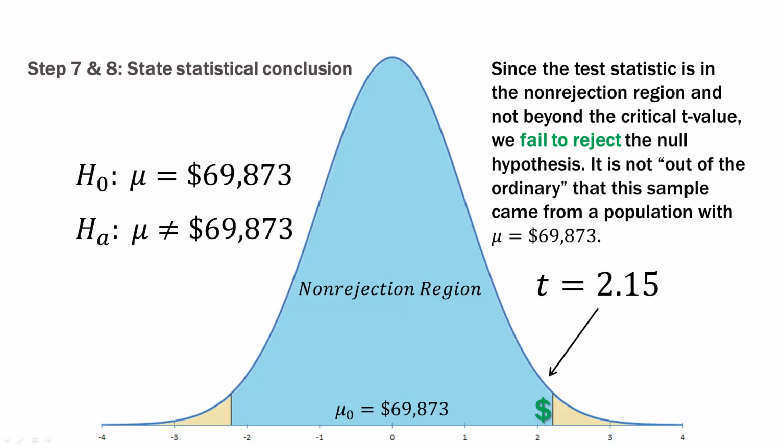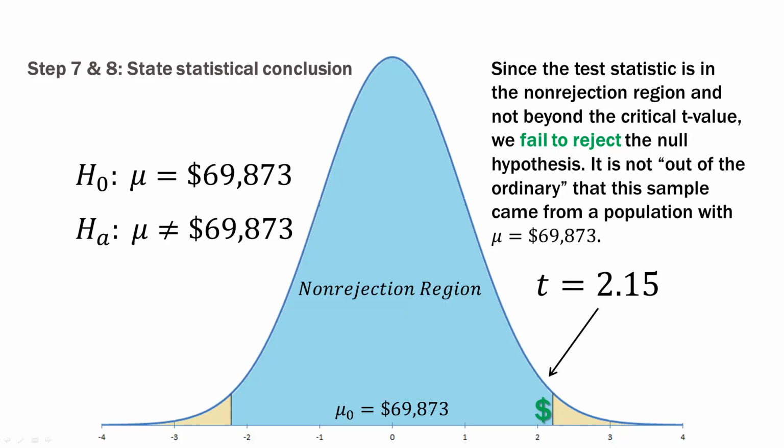Since the test statistic is in the non-rejection region and not beyond the critical t-value, we fail to reject the null hypothesis. So it's not out of the ordinary that this sample came from a population with a population mean of 69,873 as we hypothesized.